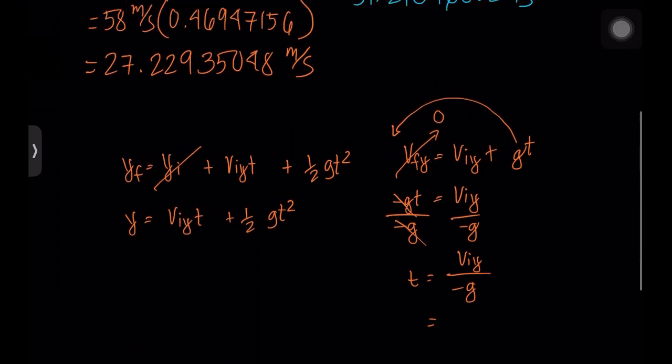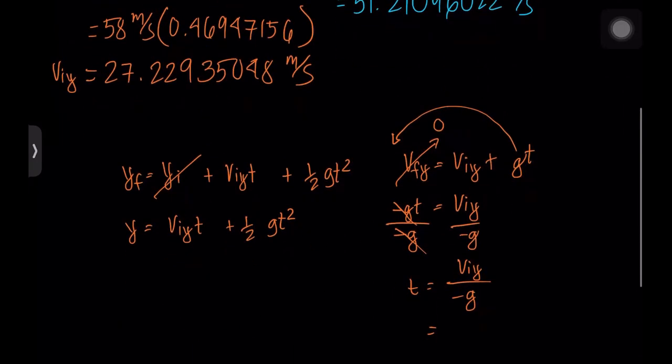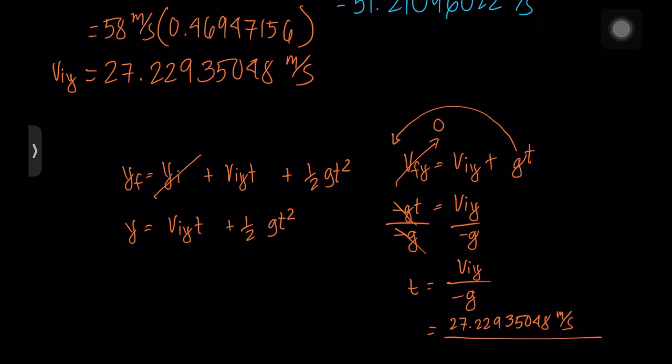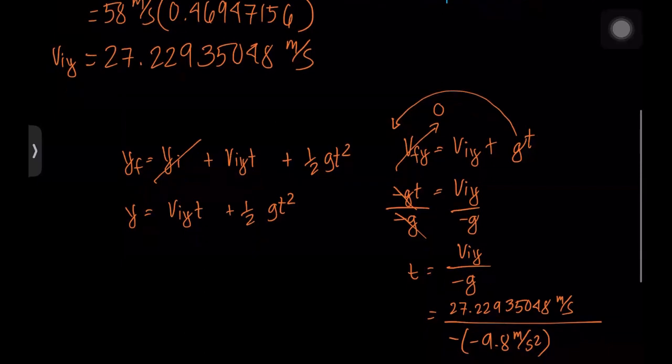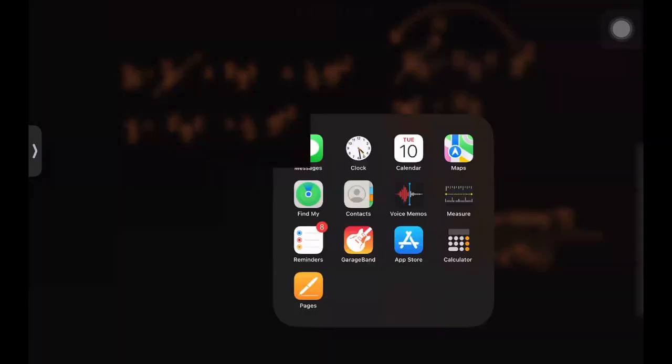The negative g still has a negative value when you substitute it. So v sub iy is 27.22935048 meters per second divided by negative 9.8 meters per second squared. Let's get the calculator again.